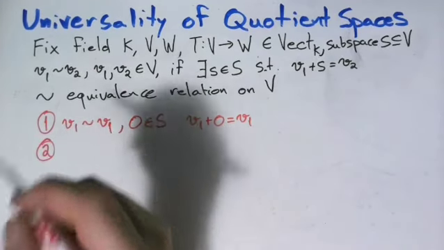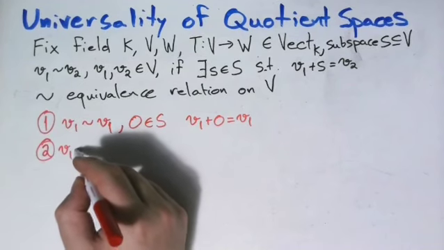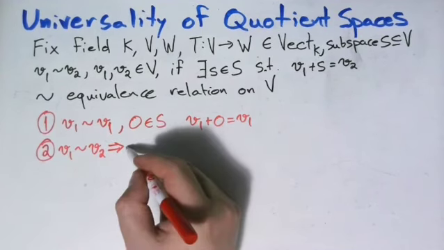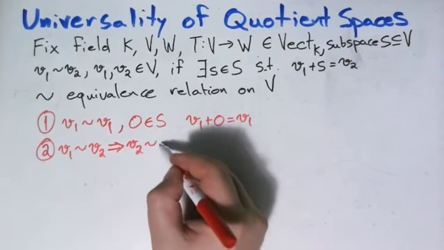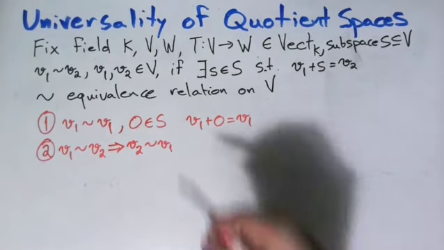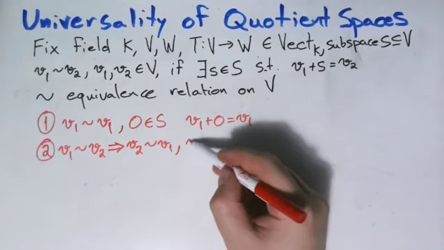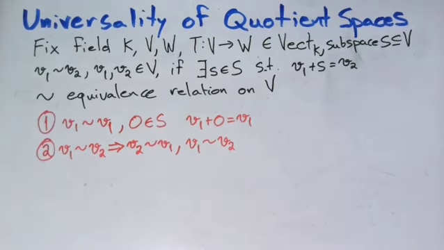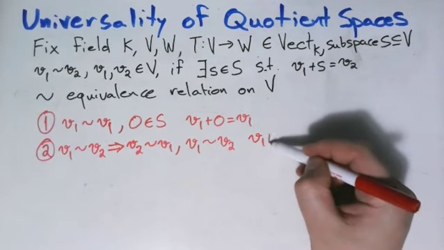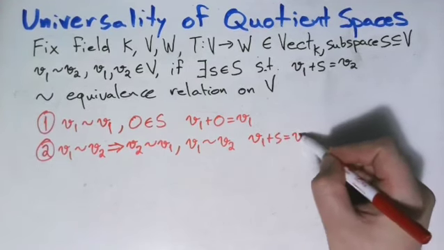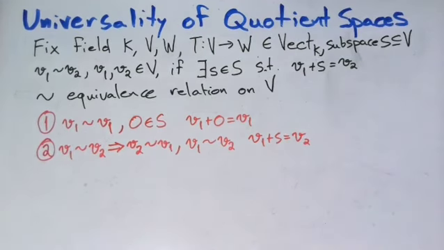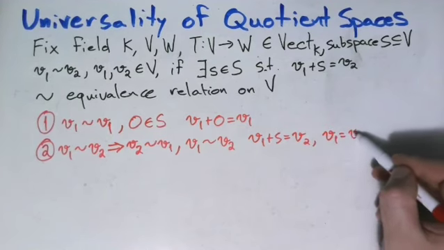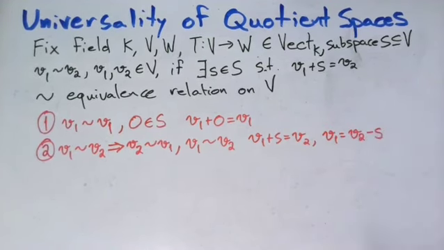Next, we need to show that if v1 is related to v2 by tilde, then we must have v2 is related to v1 by tilde. But that's the case because if v1 is related to v2 by tilde, then we have v1 plus s equals v2 for some s in S. And if that's the case, then we have v1 equals v2 minus s.